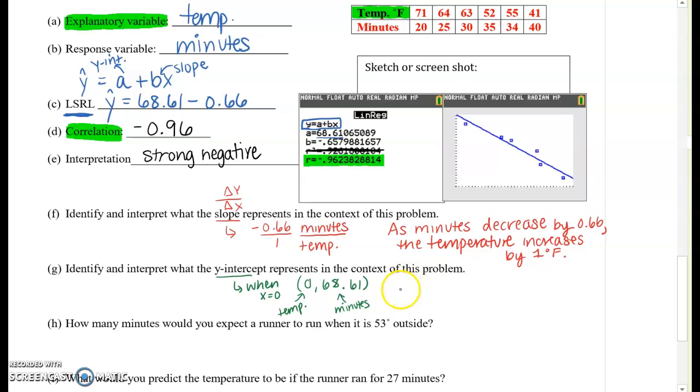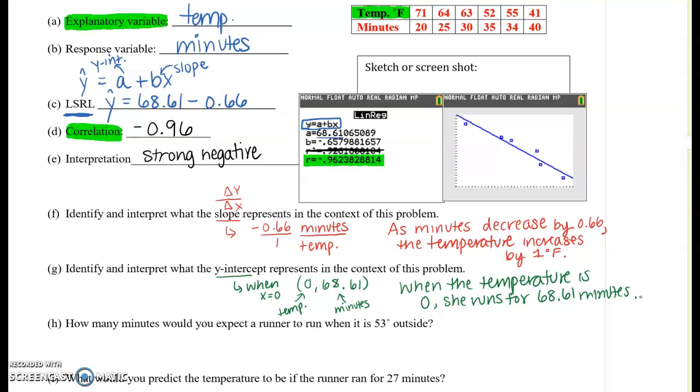So to interpret this, you say when the temperature is 0, she runs for 68.61 minutes. Okay, a lot of times this will not make sense. In this particular example, you could run outside for this long when it's 0 degrees. But a lot of times that will not make sense.